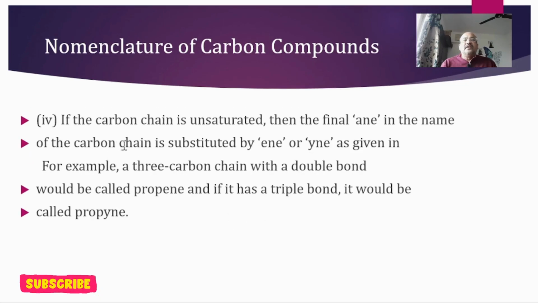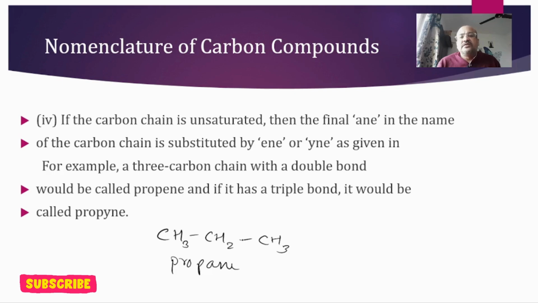Let's see. If the carbon chain is unsaturated, then the final ane in the name of the carbon chain is substituted by ene or yne in the given carbon compound. Now let's see this example. For example, I have got propane.